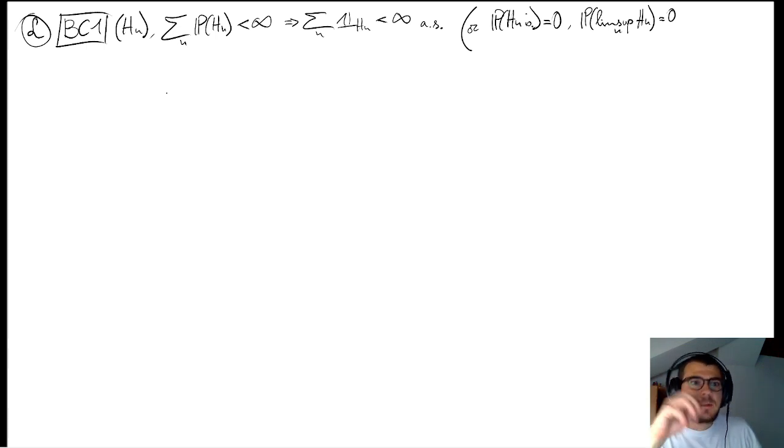And in this case, we have that if the probabilities do not diverge, which means the events become more and more rare, so the probability is smaller and smaller, then they will not happen infinitely many times, because the probability becomes so small that at some point they happen from time to time, but in a finite number of times.